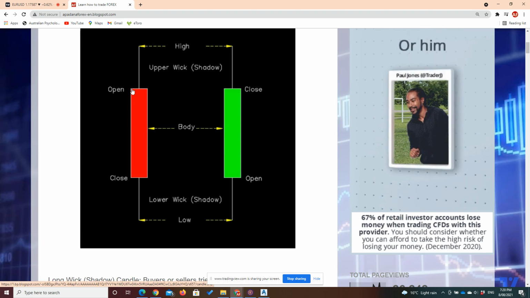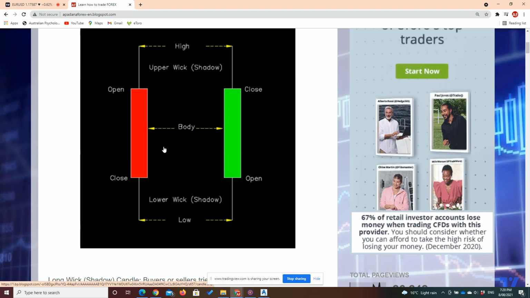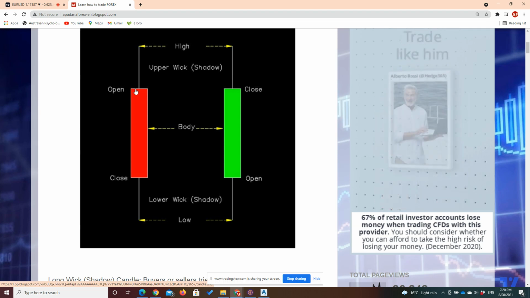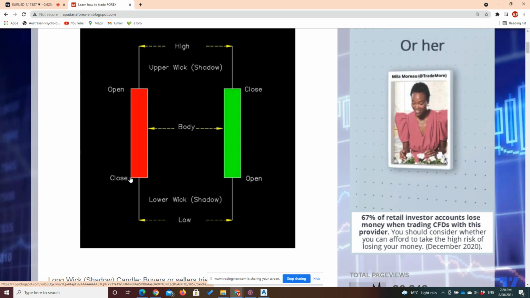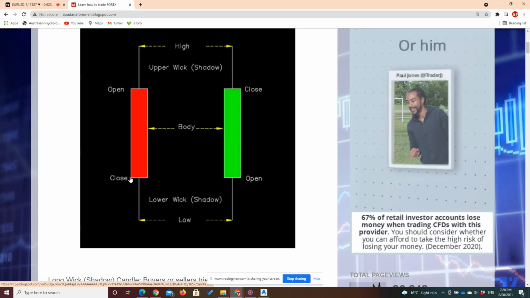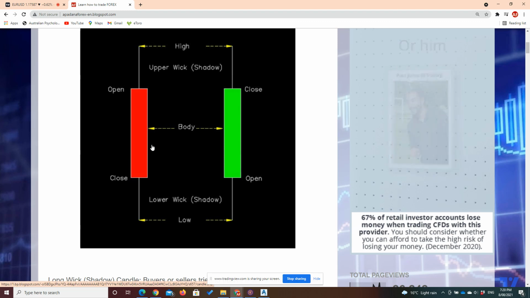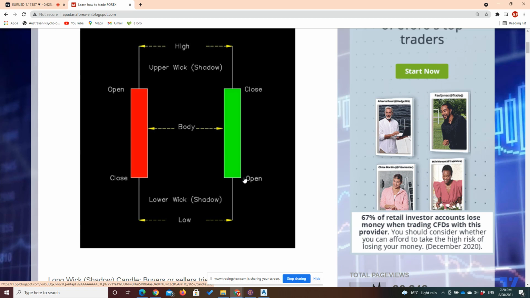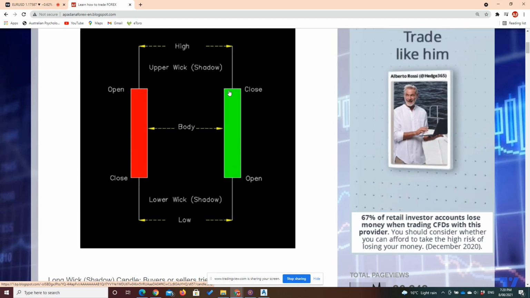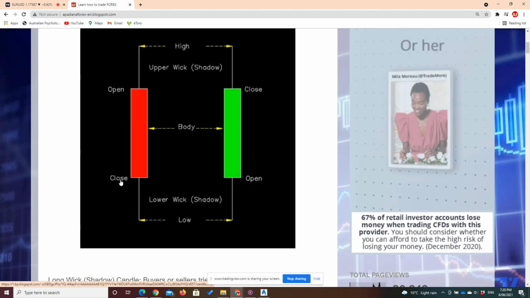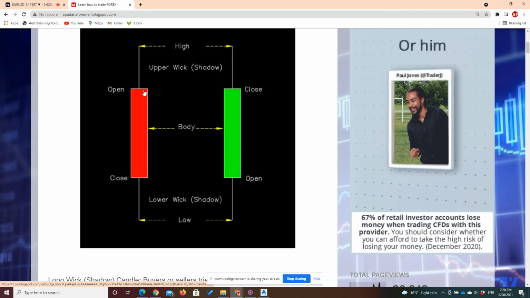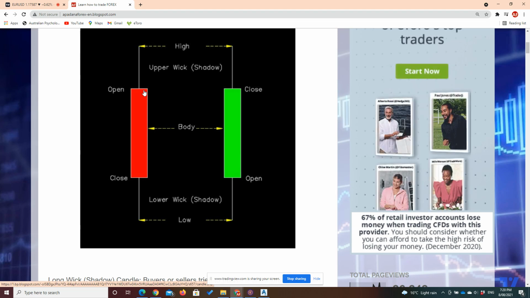So the body of the candle tells you the difference between open and close, which gives you an idea how far sellers here or buyers here have been able to push the price up or down and maintain a certain level during that time frame.